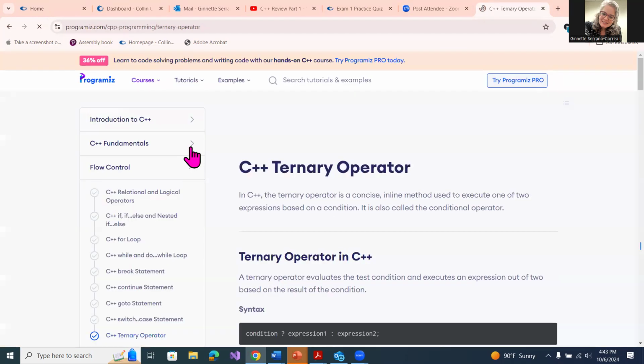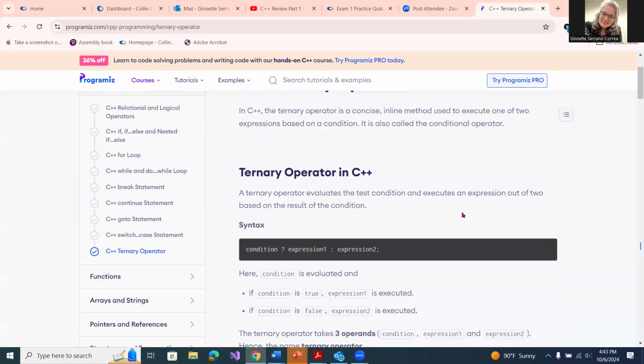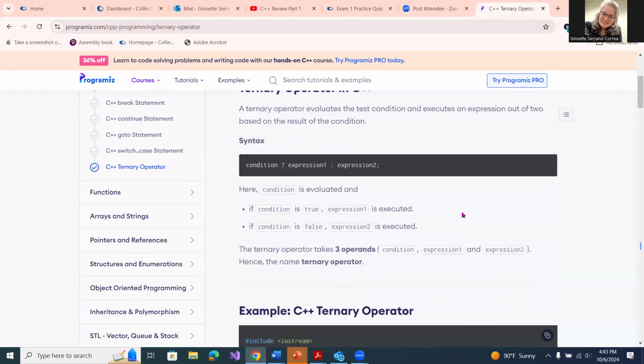The ternary operator is just like a shorthand on using if statements. I'm just trying to think if we went over this or not. If we didn't, this is how it's always set up. You have the condition, then you have a question mark. And then if the condition is true, it's going to do this. If the condition is false, it's going to do this side. And there's just a semicolon.